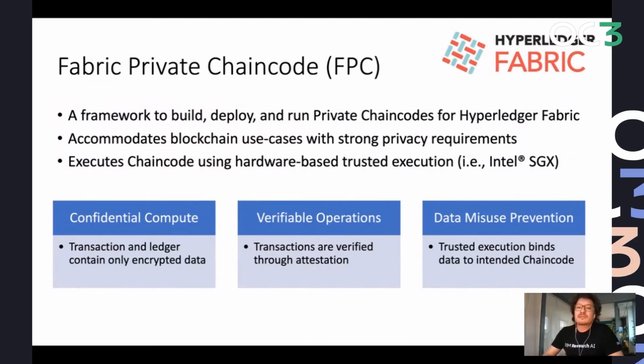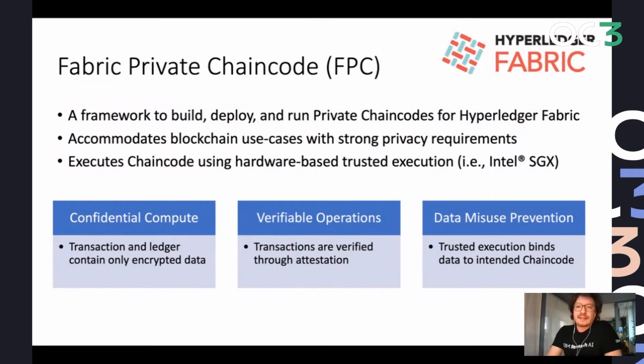That means that all the transactions are in the end verified through attestation, which was already mentioned before in the introduction by Felix. And the last property is data misuse prevention, which means that only the trusted execution, or our particular chaincode, can use the data which it belongs to, essentially.